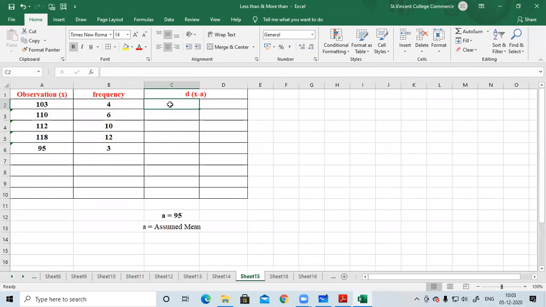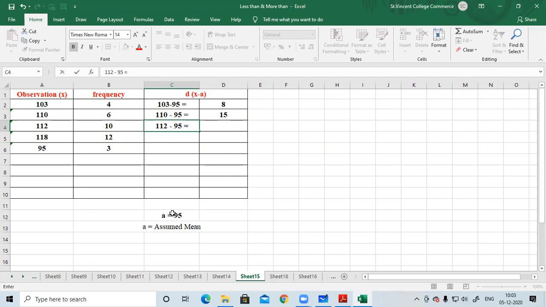Now D. What is X? Sorry, X is 103 minus A, which is 95. What is the answer you get? 8. Then you take 110 minus 95. Your answer comes to 15. Is this right? 112 minus 95.